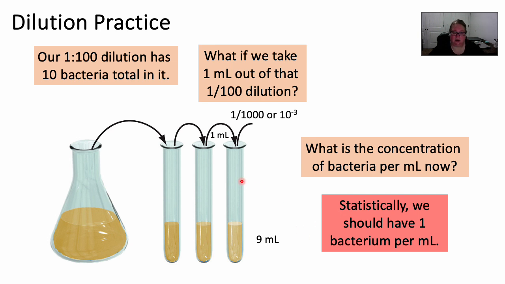This is what we call dilution. So we went from 100 bacteria cells in the concentrated mixture. We diluted it down to 10, and then we diluted it down to 1. This is what a dilution does. We are going to do these in the lab.